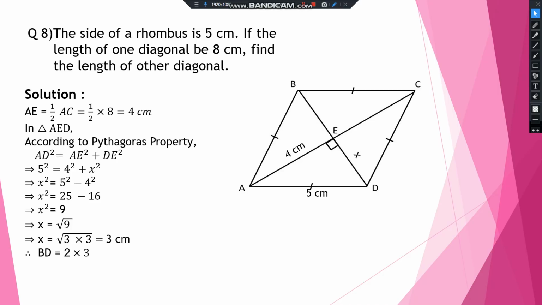So we got BD as twice of x, and that is 6 centimeter. Hence the length of the other diagonal is 6 centimeter. Thank you.